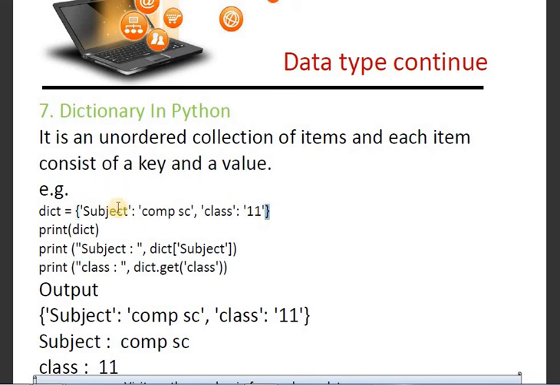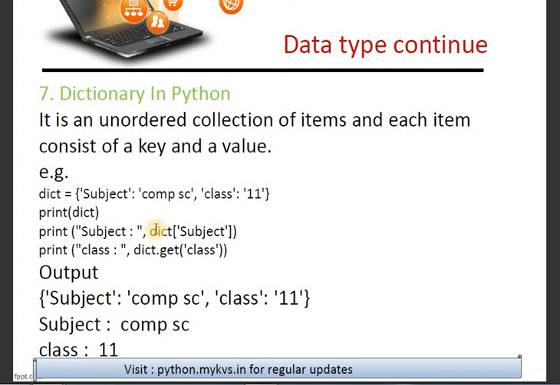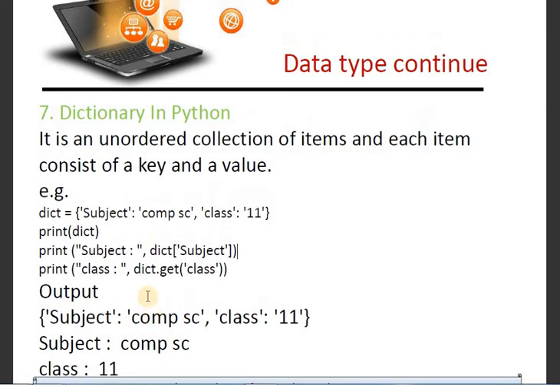Now this is the subject key, this is the value, this is the key, this is the value, and if I write print dict, it will show like this. And if I want to display any particular value of any key, I will do like this, print dict subject, like that.